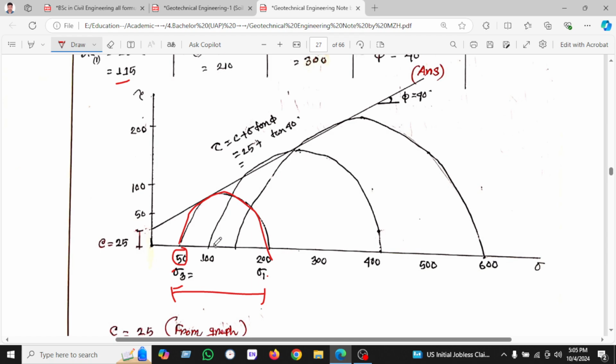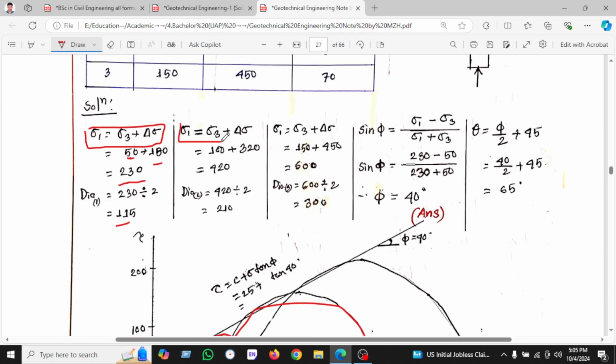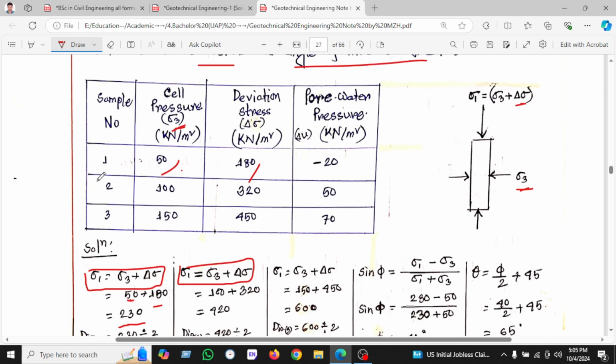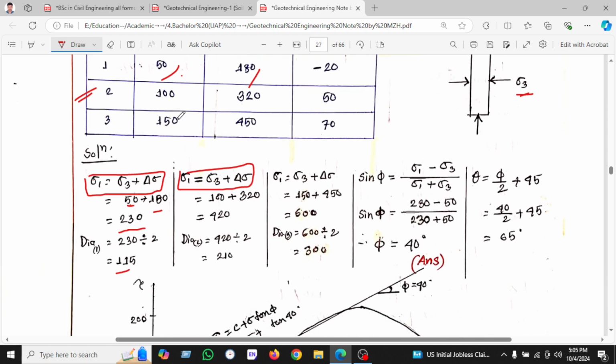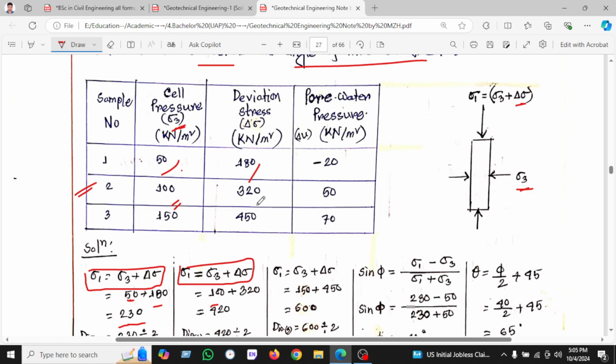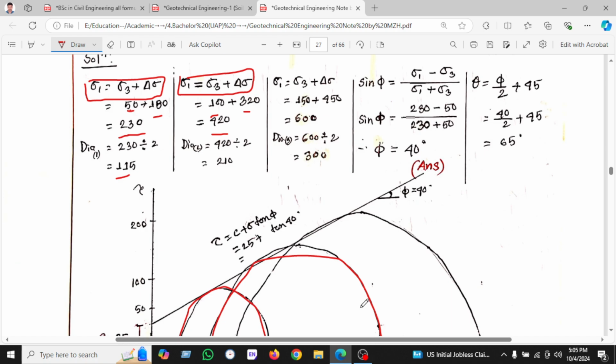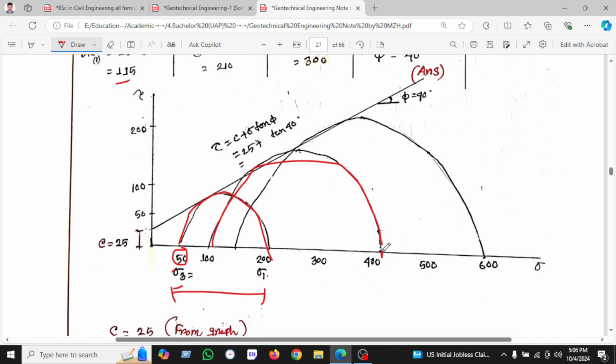Okay, so this is our second graph we have drawn here. Sigma 1 plus sigma 3, this will be based on sample 2. It is given, sigma 3 is here, and the deviator stress is also 320, and we found sigma 1 equal to 420. So this point will be 420, which is sigma 1.